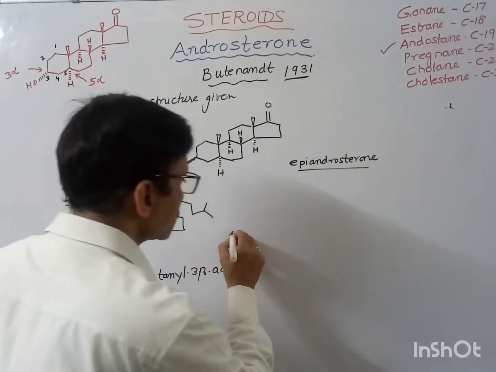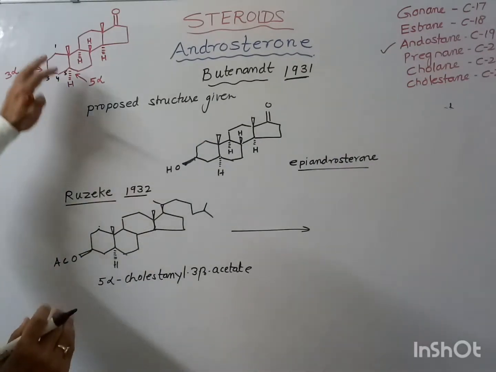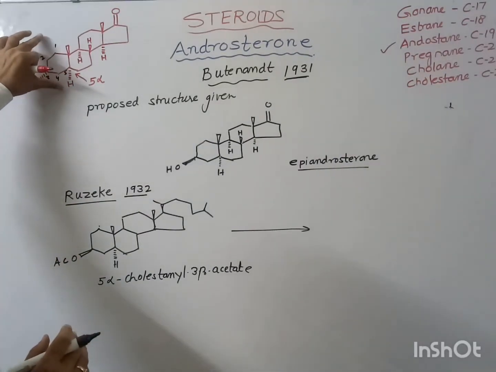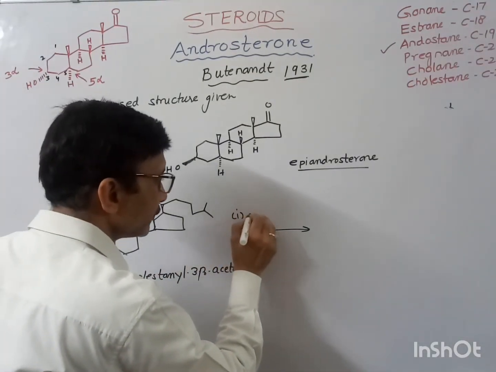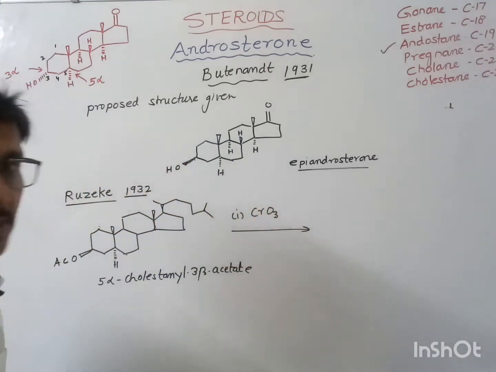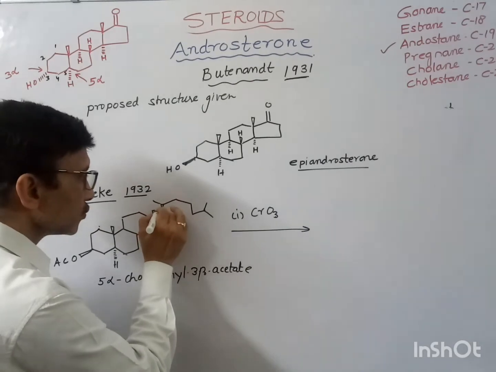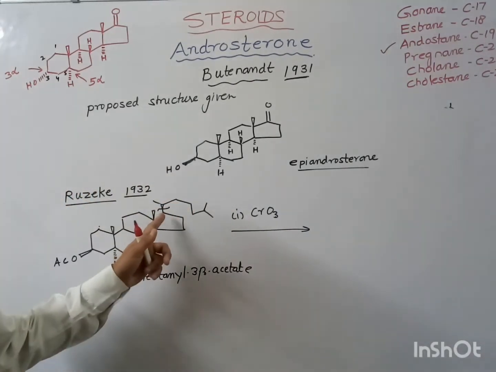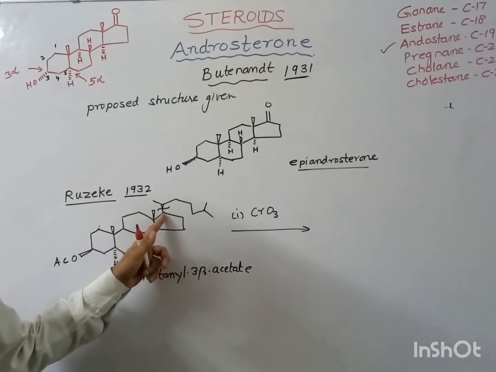Now what do we have to synthesize? We have to get this structure. For this, first of all, it was treated with chromium oxide. This chromium oxide will oxidize this carbon, and this carbon, being a secondary carbon, will be converted into the ketone.